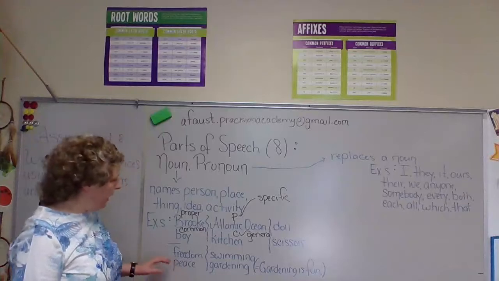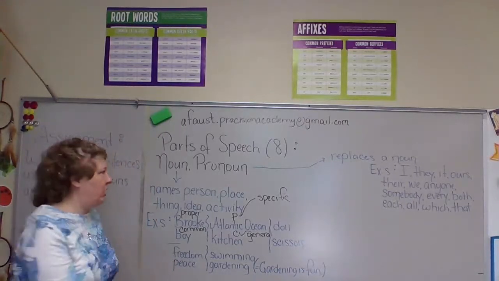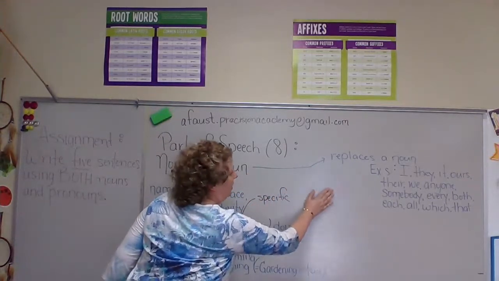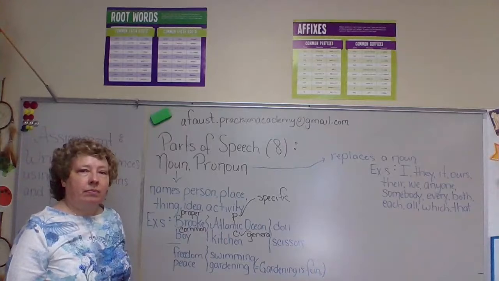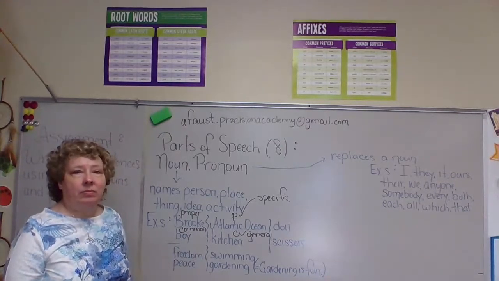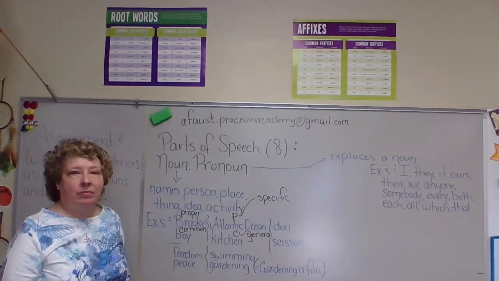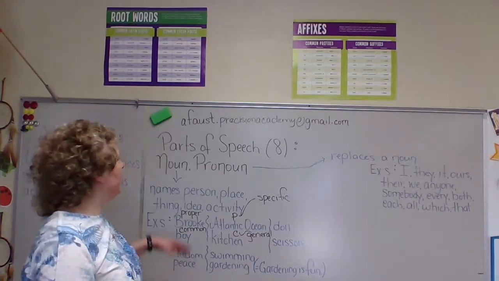Okay, so again, in the mind, you can't see it, you can't touch it, like the board. I can touch that, but I can't touch freedom. Okay, can't touch kindness. Okay. That's your noun.